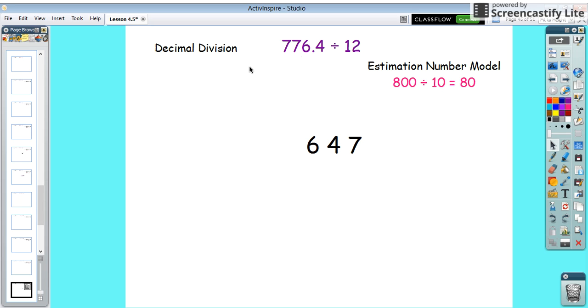And now I did all the division out for us already, and I got 647. Well, I need to put my decimal point back in so my answer is close to 80. That means I'm going to put it between the 4 and the 7, and I get 64 and 7/10. So 776 and 4/10 divided by 12 is equal to 64 and 7/10.